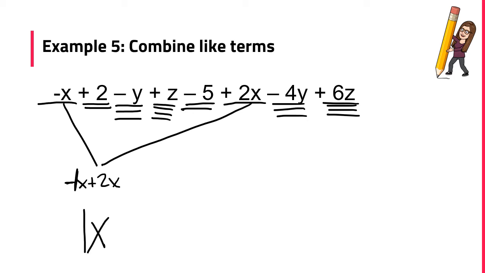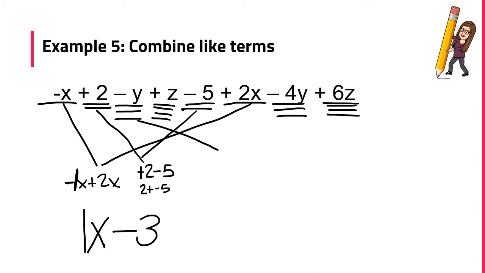All right, let's take a look at our numbers. I have a positive 2 and a minus 5. If I have 2 minus 5, I could keep change if I need to. It's going to be negative, and the difference is 3. Let's take a look at my y's. And you don't have to draw these extra lines. If you can see the 3 underlined and do that mentally, I'm okay with that, but I'm going to provide a visual just to make sure we understand.